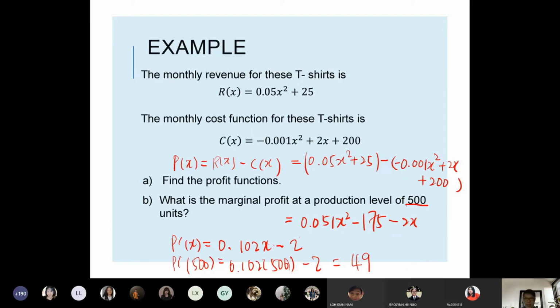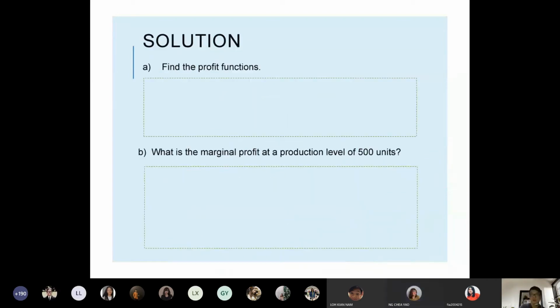Is that okay? Yes. All right, thank you. Now any questions here? No. Okay, so good. This is supposed to be the answer here.